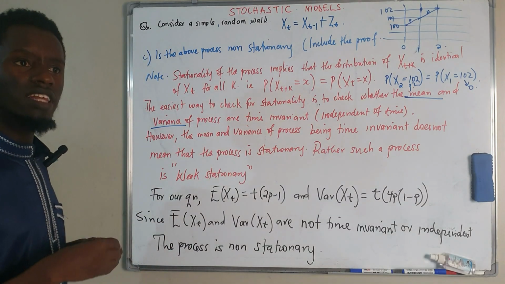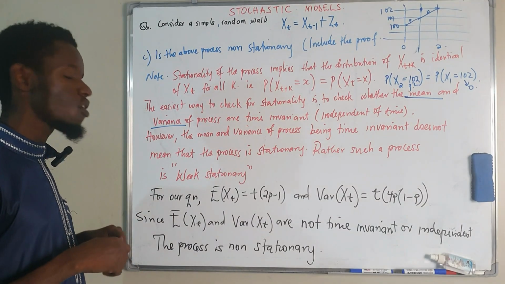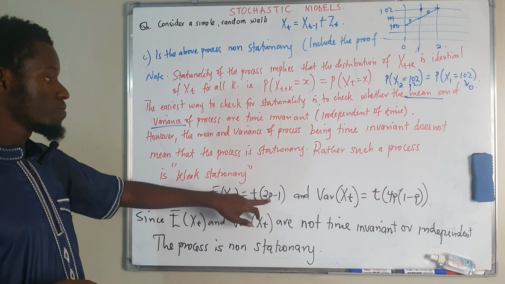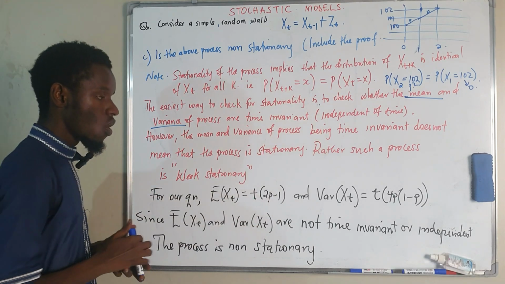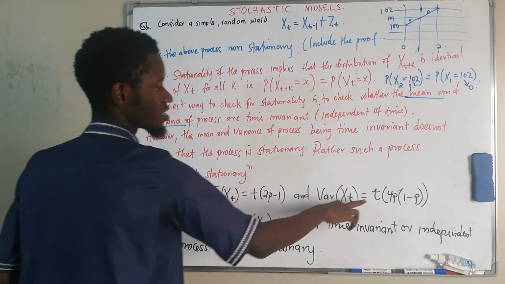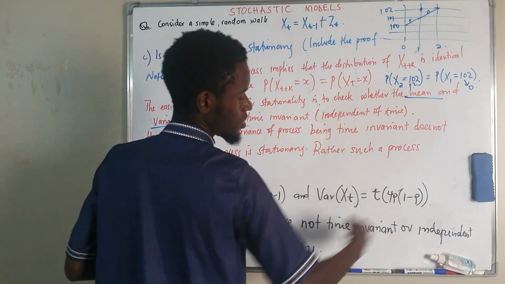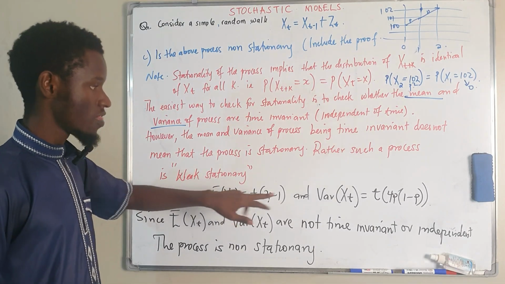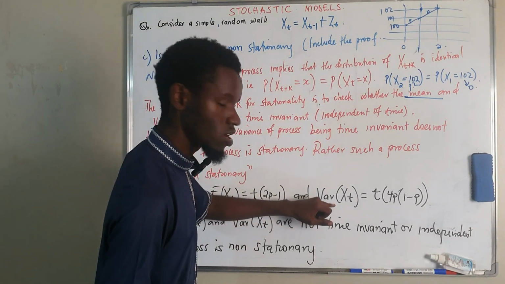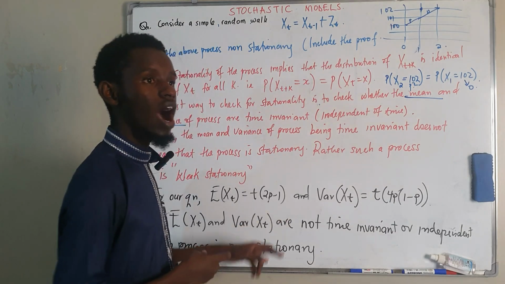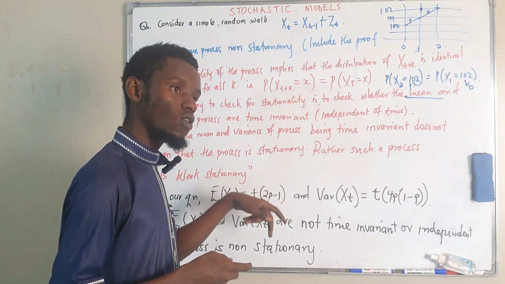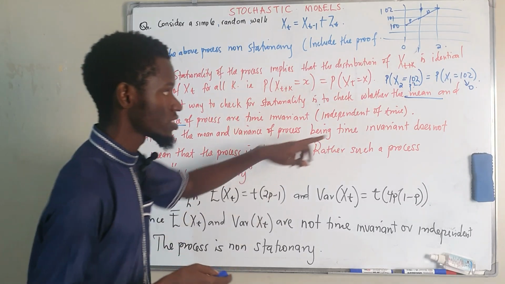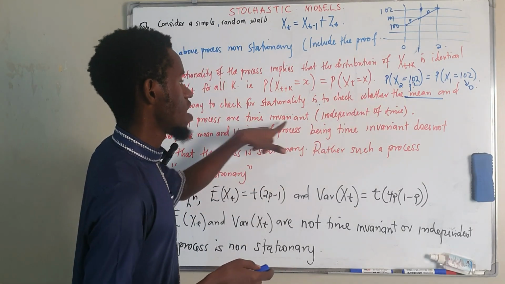Now, in our previous video, we saw that the mean of a simple random walk is t times (2p minus 1), and the variance of the simple random walk is t times 4p(1 minus p). The mean always depends on the time, and the variance also depends on the time. Since these two depend on time, they are not time independent or time invariant.